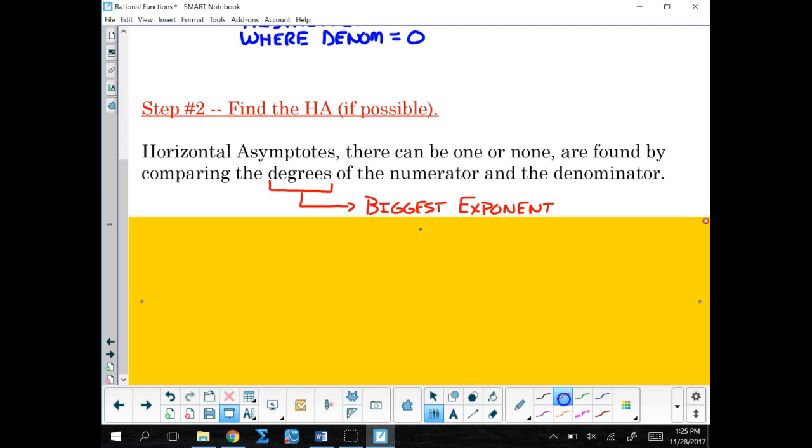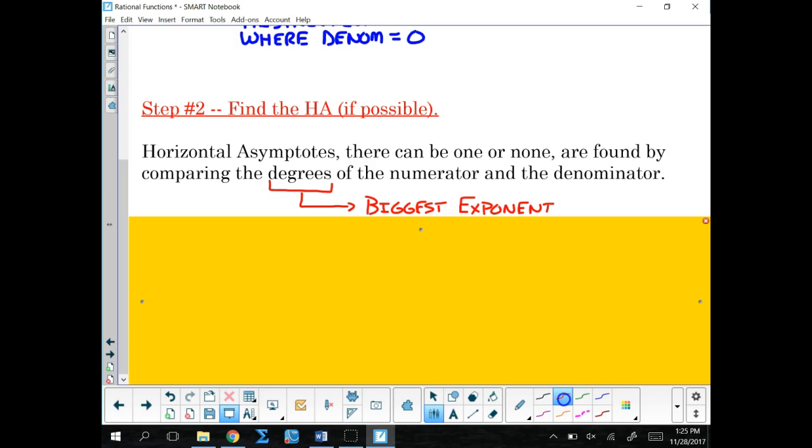When I compare two numbers, what are my options? Compare 5 and 8. So one option is what? One's bigger than the other.